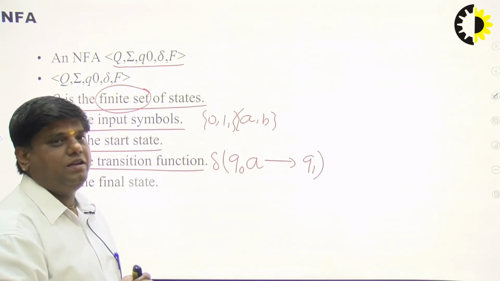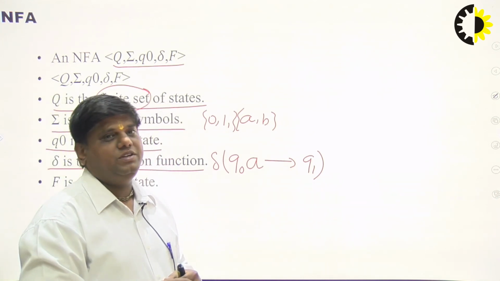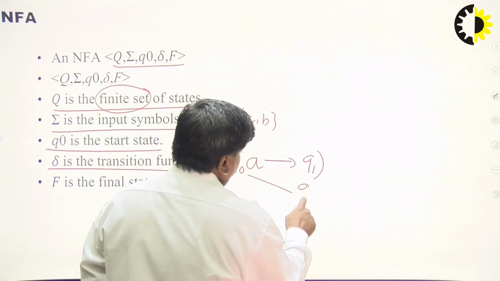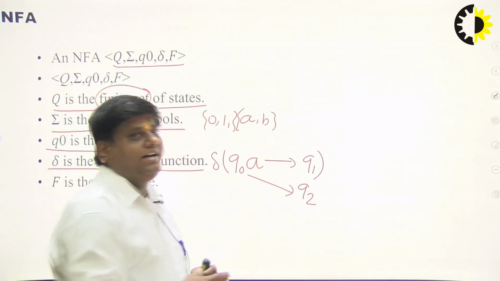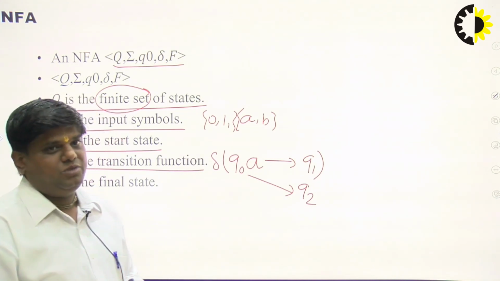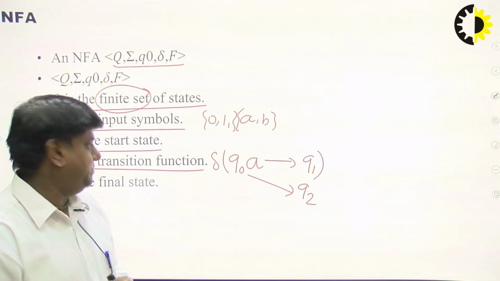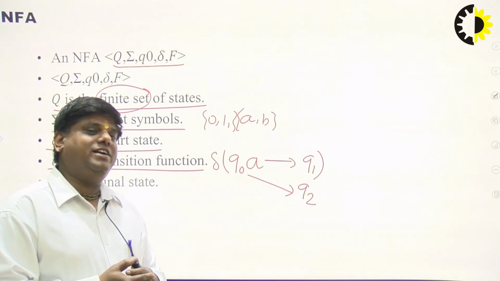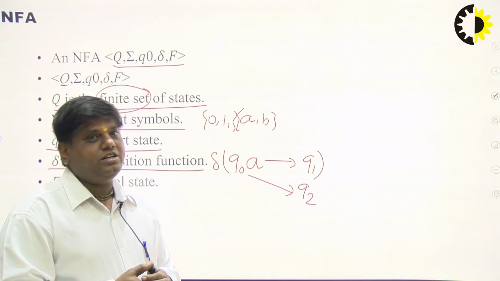If the result is a single state, then that is known as a deterministic finite automata. If the result is more than one state, then it is known as a non-deterministic finite automata. This is the main difference between deterministic finite automata and non-deterministic finite automata. One more thing is different: DFA is a complete machine.